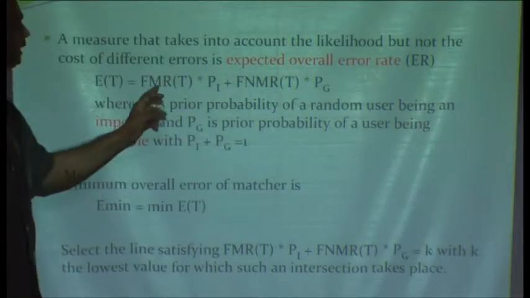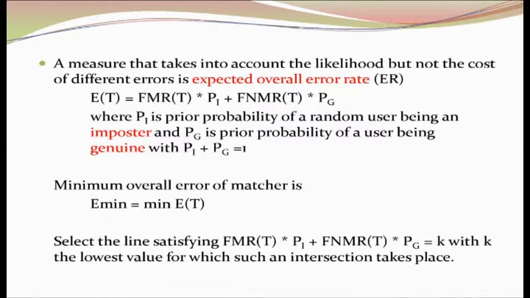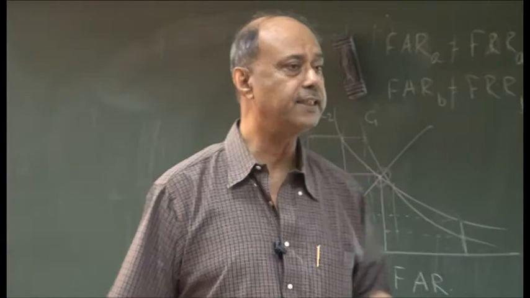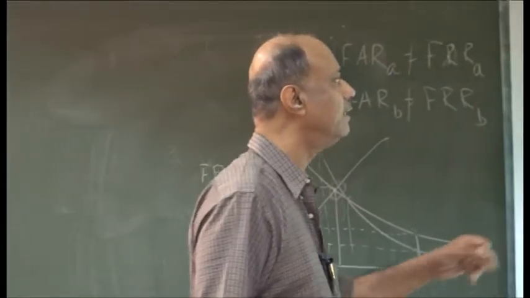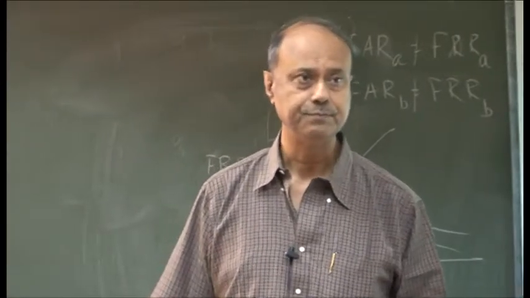So the false acceptance rate into the probability that a random user is an imposter plus false rejection rate at threshold t into the probability that a random user is a genuine user, that will give you the expected overall error rate at the threshold value t.